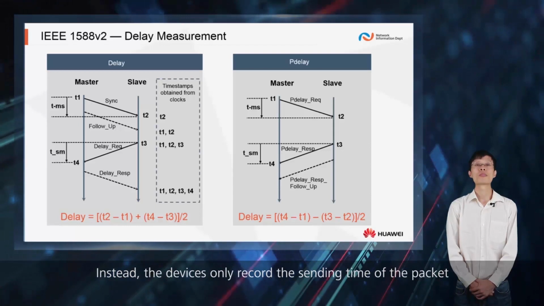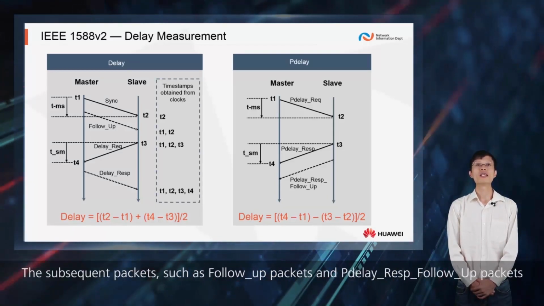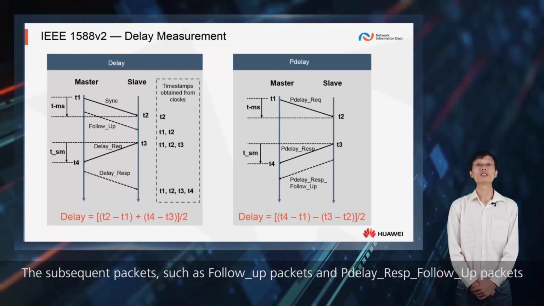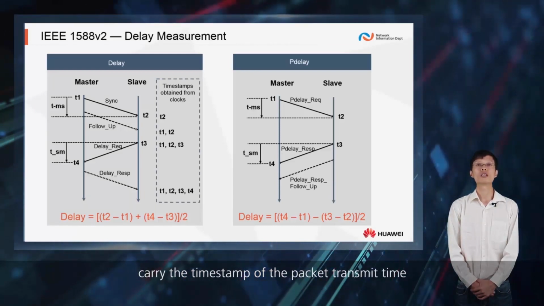Instead, the devices only record the sending time of the packet. The subsequent packets, such as follow-up packets and P-delay response follow-up packets, carry the timestamp of the packet transmit time.